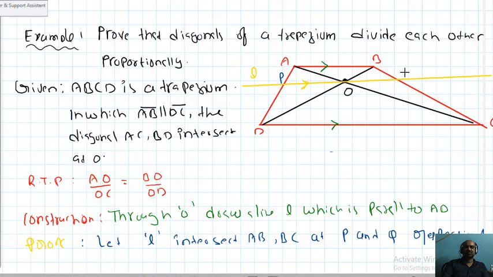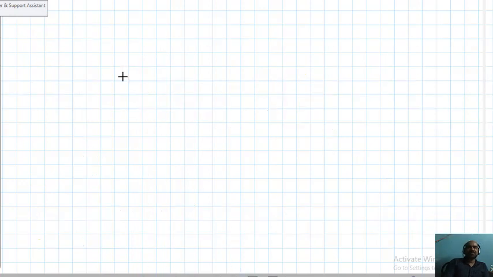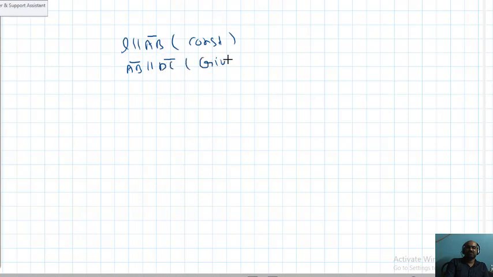This is P, this is Q. L is parallel to AB, construction. AB parallel to DC, given. So what is the meaning of this? L is parallel to DC.